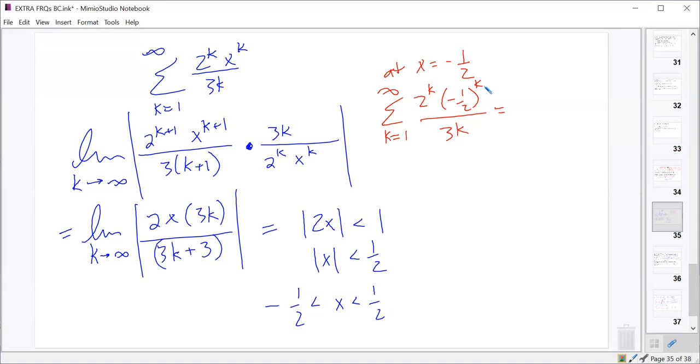Those should just cancel out and become 1 to the k, or just 1. So we end up with a -1 to the k in the numerator and a 3k in the denominator.